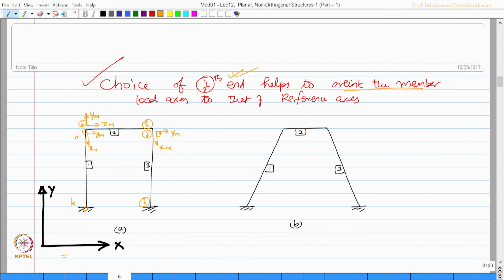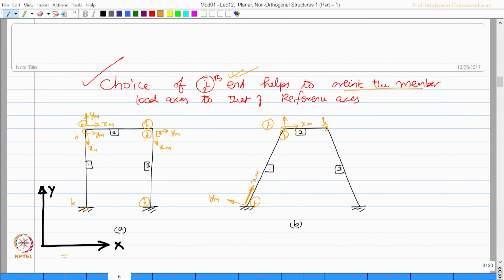Let us do this for the problem shown in picture B. So, obviously, I am going to plan member 1. So, I can say this is my xm and this becomes my ym and this is my jth end, this is my kth end. And for member 2, this is my xm, this is my ym and therefore, this becomes my jth end, this becomes my kth end.